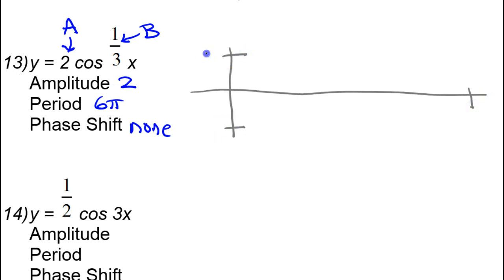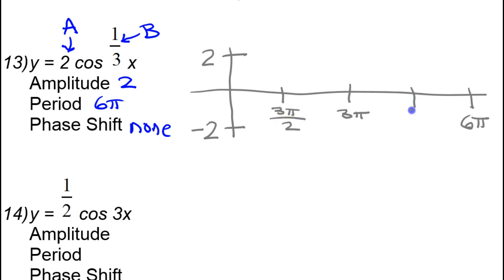Okay, the amplitude is 2. That means it's going to go up to 2 and down to -2. The period is 6 pi, so I'll put 6 pi right here. That means halfway I should have 3 pi. Then half of that is 3 pi divided by 2, which I will just call 3 pi over 2.